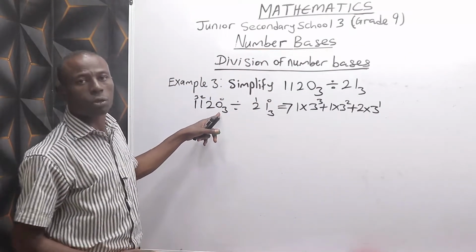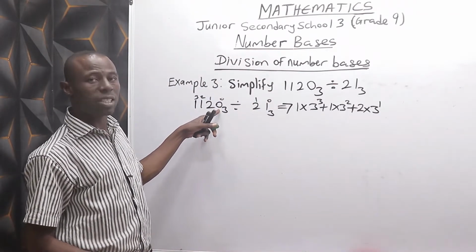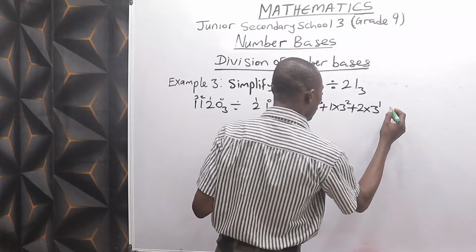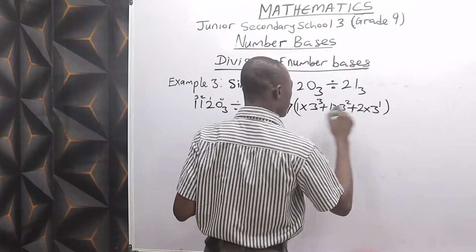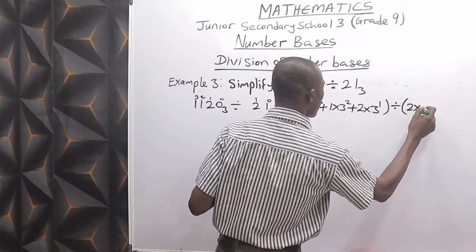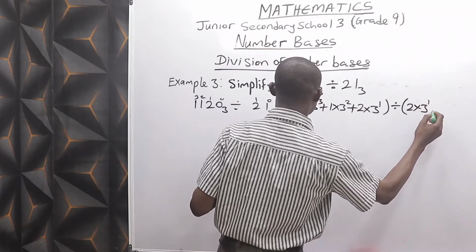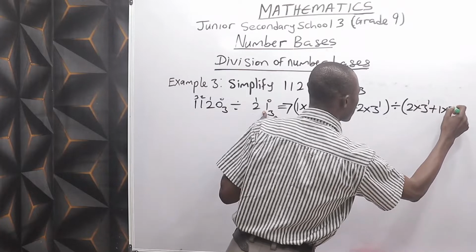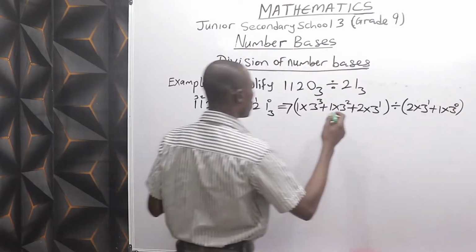I will not bother myself to do the last one, which is for digit 0, because it will eventually give me 0. So I bracket this, divided by 2 times 3 raised to power 1 plus 1 times 3 raised to power 0.